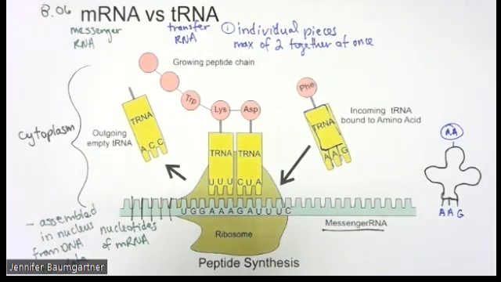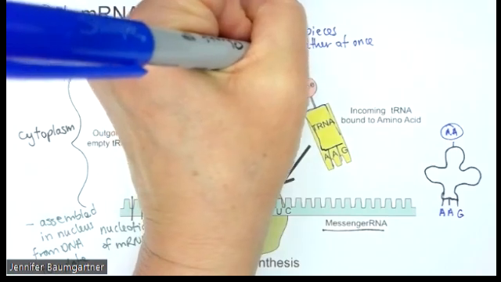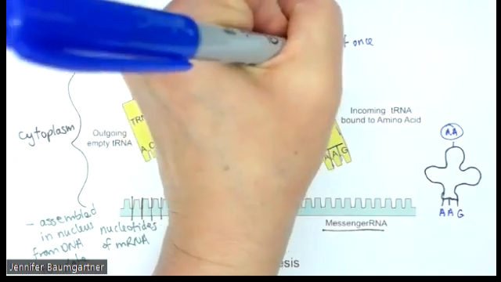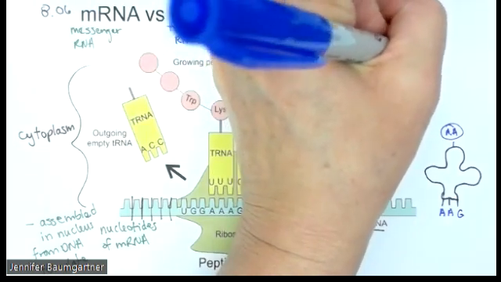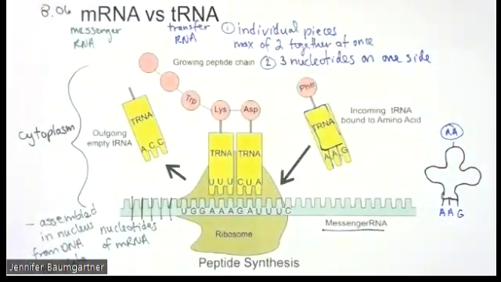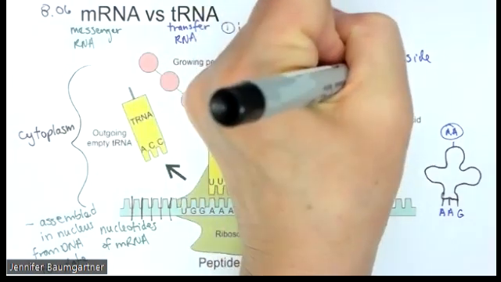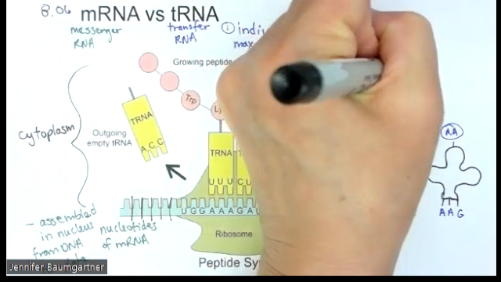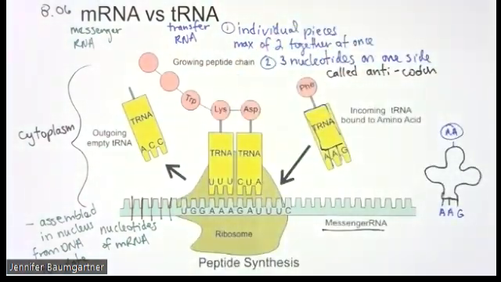So the other characteristic of tRNA is that it has 3 nucleotides on one side. We call this an anticodon, because it's the opposite of the codon.